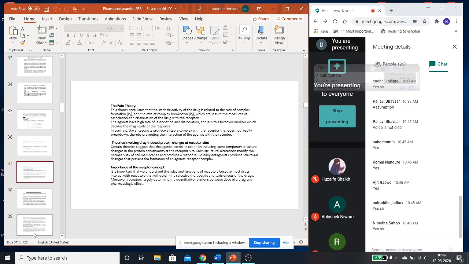But by that time you should be very clear on these four. If somebody asks you what is an agonist, what is an antagonist, what is a partial agonist, what is an inverse agonist, and what you mean by potency and efficacy, it should be as easy for you as if somebody asks you the table of 2, the table of 4, or some simple spelling, and you can write it.